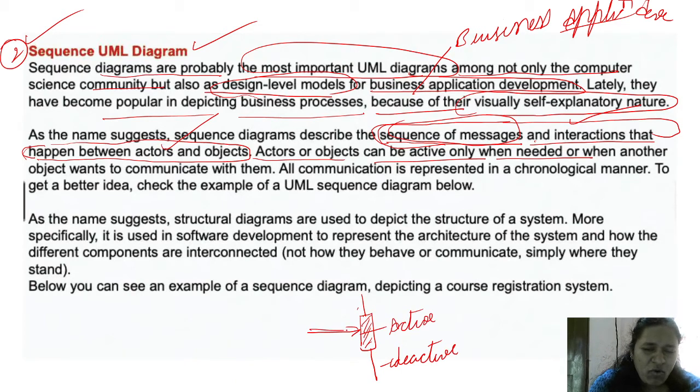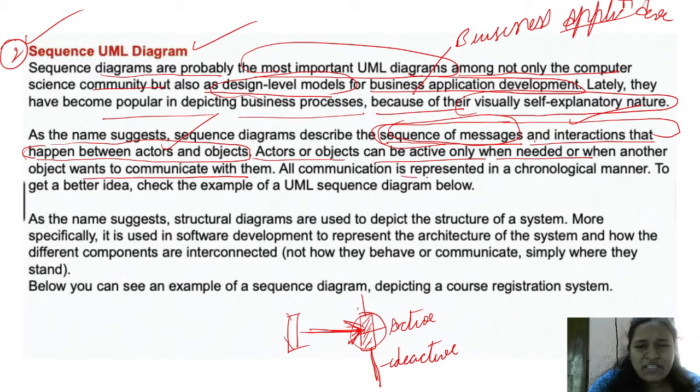Whenever it is invoked by another object or actor, then only it will be active. After that it will be inactive. Active only when needed, when another object wants to communicate with it. After that it is deactivated.